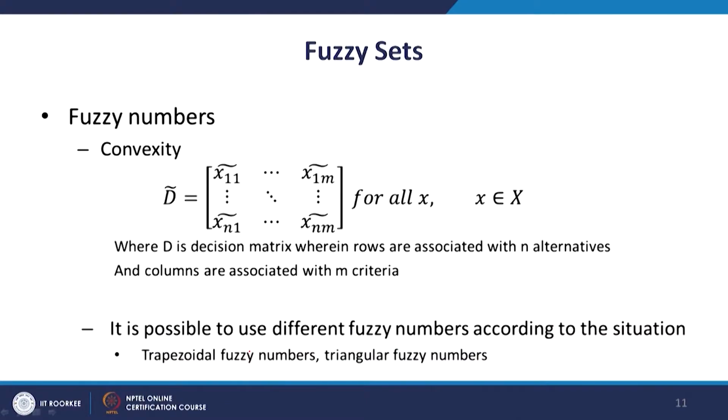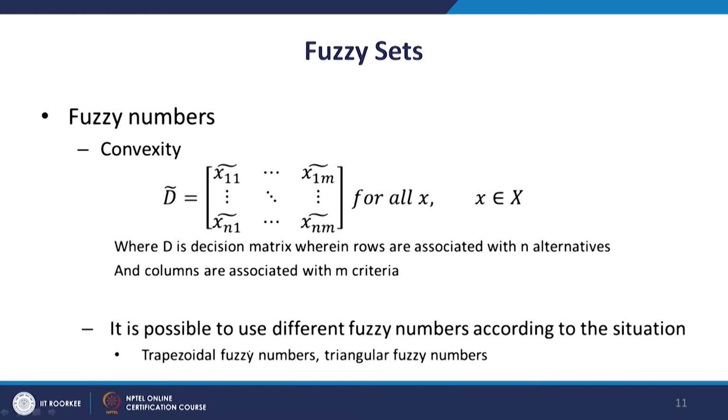Another aspect related to fuzzy numbers is that fuzzy numbers can be defined in different ways according to the situation. There are two popular forms available: trapezoidal fuzzy numbers and triangular fuzzy numbers. The triangular fuzzy numbers are the ones which have been used more often.